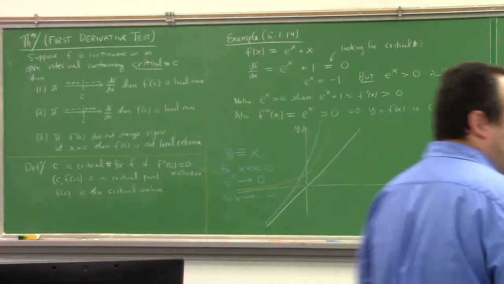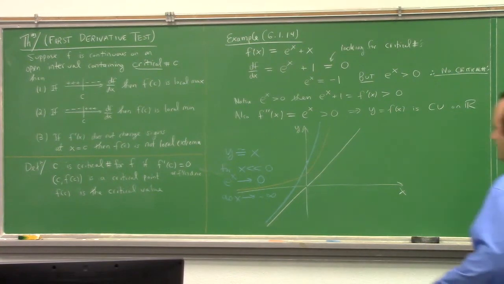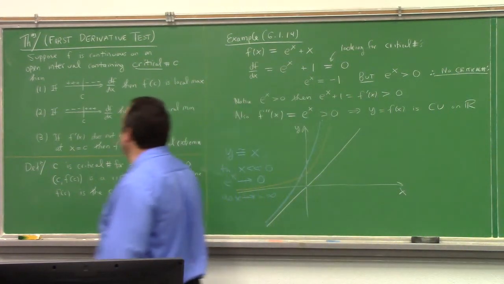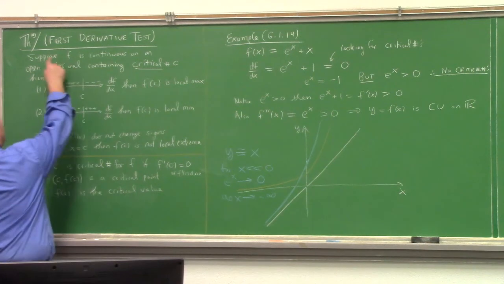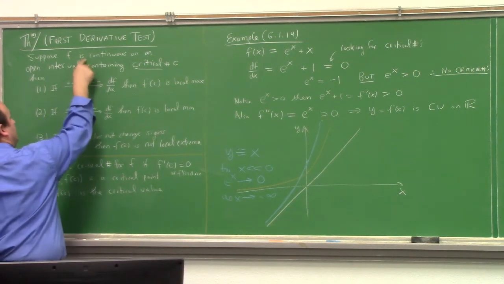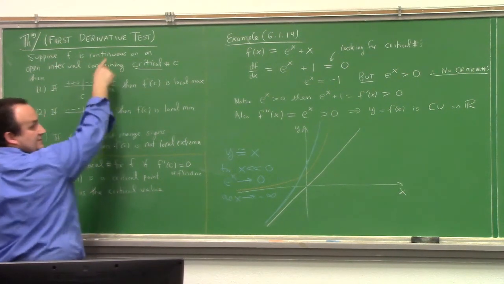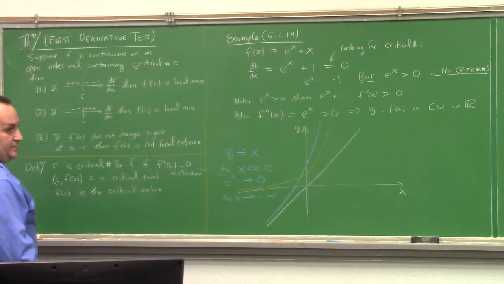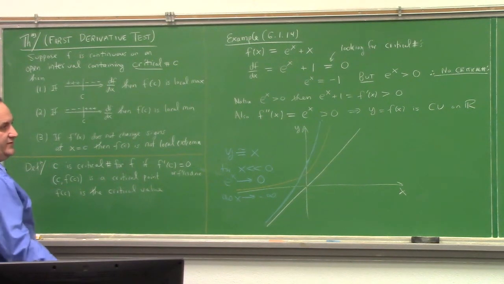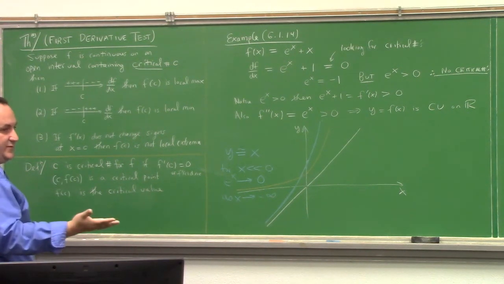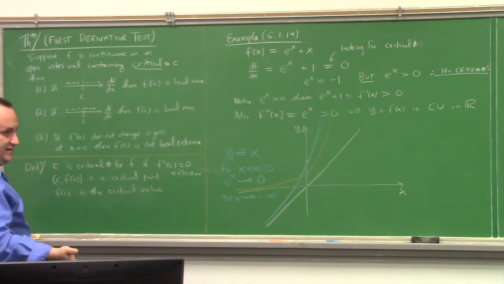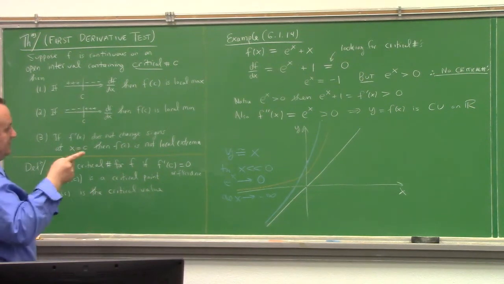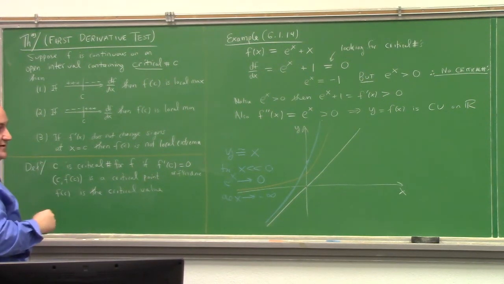Remember, there's a pesky little word right here. Suppose f is continuous. The functions we've looked at in examples before this have been manifestly continuous. They've been polynomials or exponentials, whatever. This one, maybe it is, maybe it isn't continuous at 1, right?